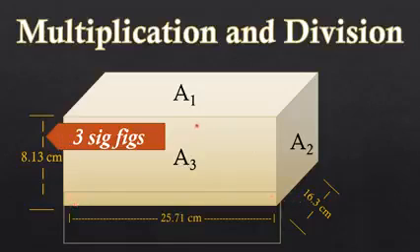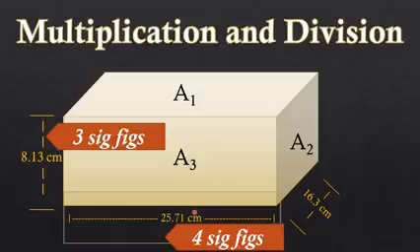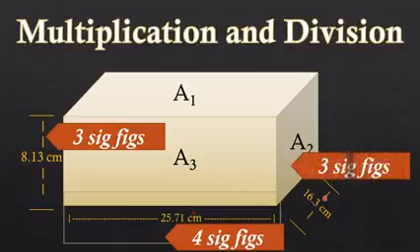Okay, so tingnan ulit muna natin yung significant figures ng bawat given. So in 8.13 centimeters, meron tayong tatlong significant figures, okay? And these are 8, 1, and 3. Therefore, 8.13 centimeters contains 3 significant figures. In 25.71 centimeters, meron tayong 4, while in 16.3, we have 3 significant figures.